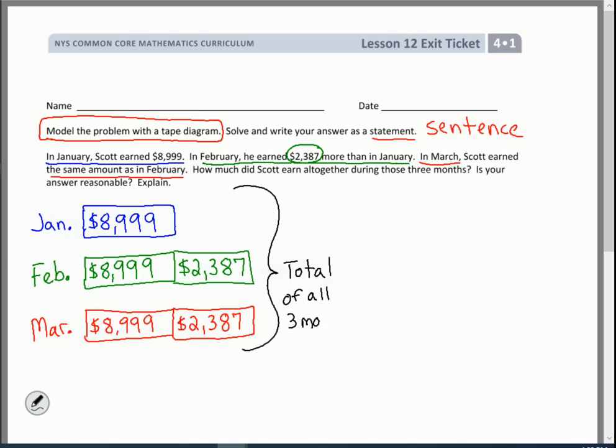That's what we're trying to figure out. So I might write this, or I might put a question mark, like to reference, hey, we're trying to solve the question mark there. I might do that too. So this is what a tape diagram looks like. There's lots of different kinds of tape diagrams, but this is what we've started with in 4th grade.